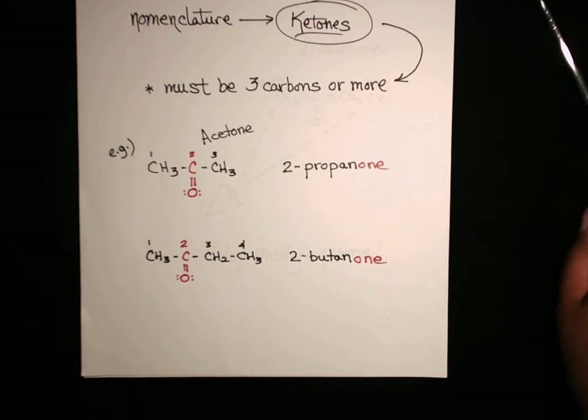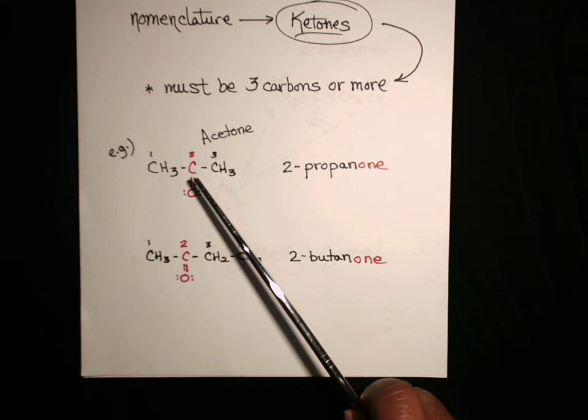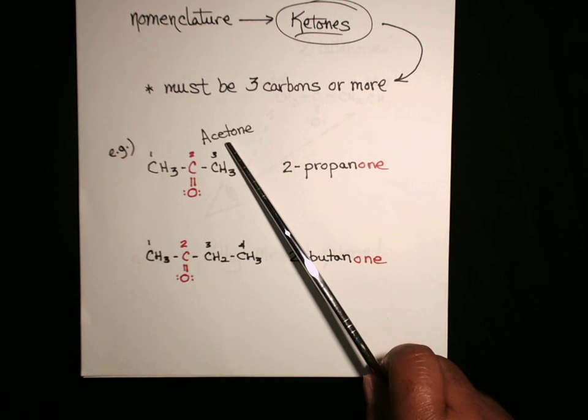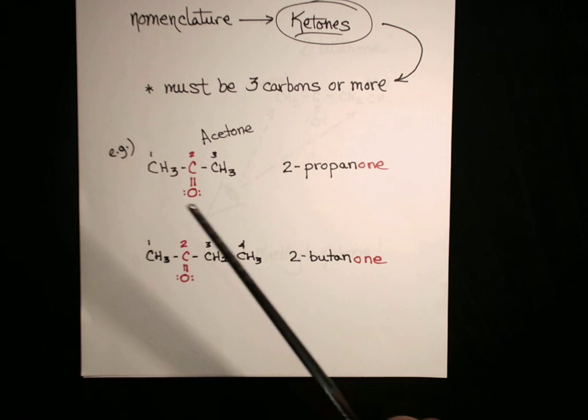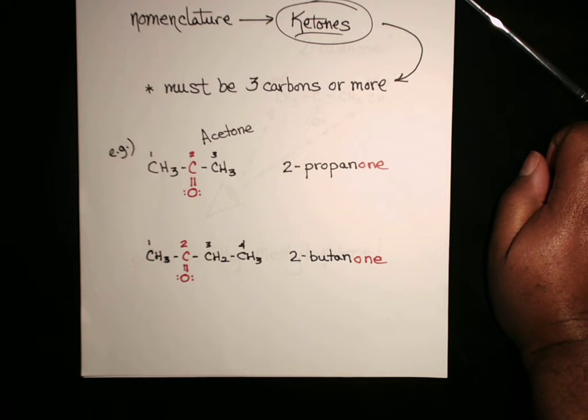So if you look at our 3-carbon ketone, which by the way is also known as acetone, since the carbonyl is in the middle at carbon 2, we could say 2-propanone.